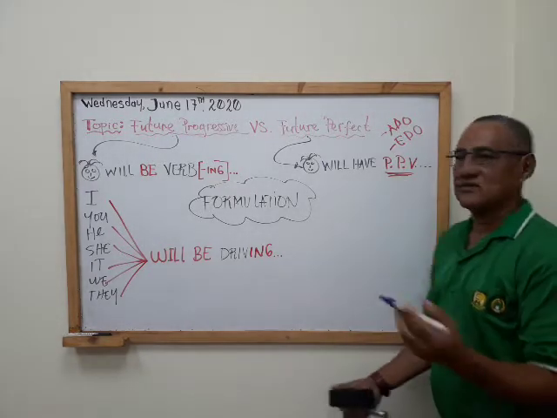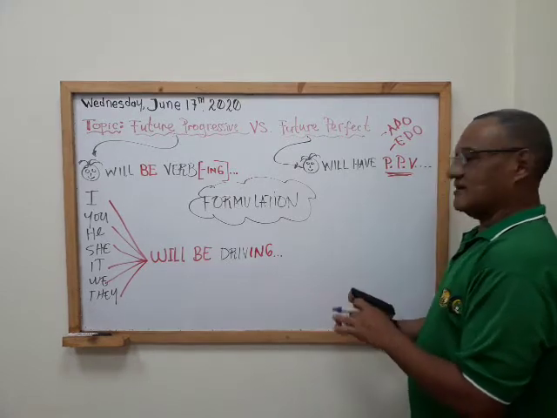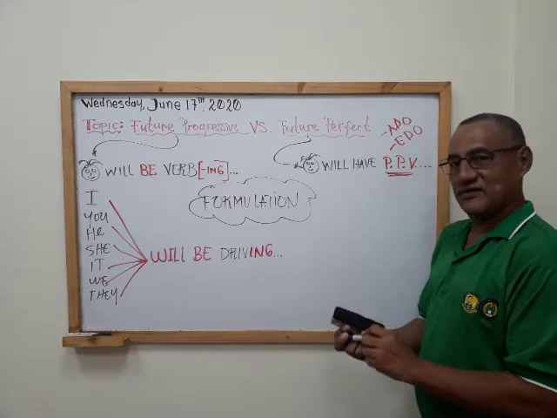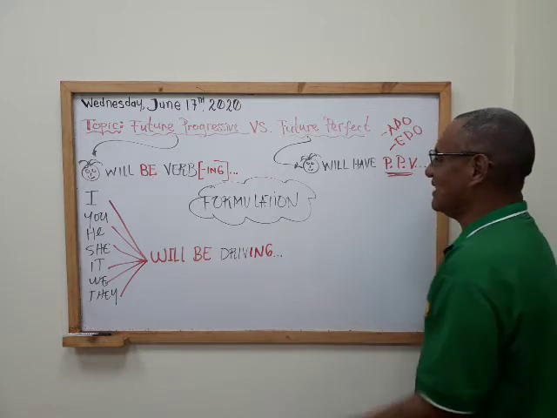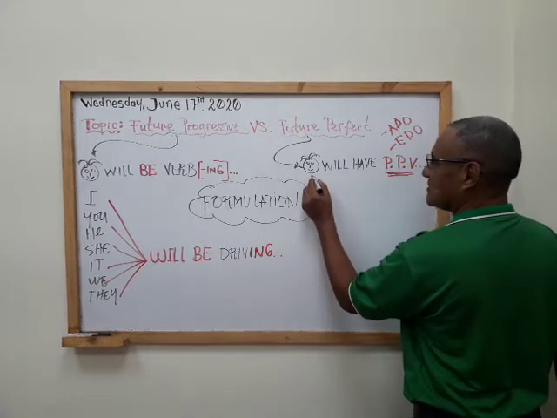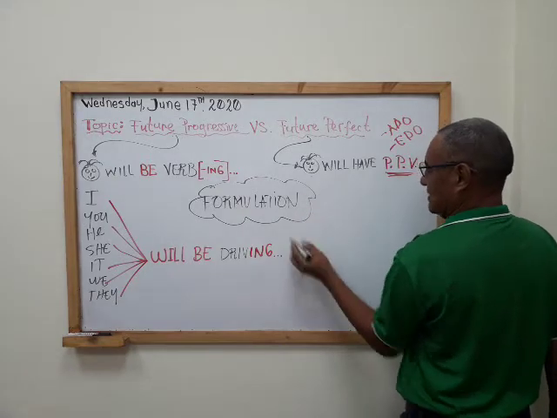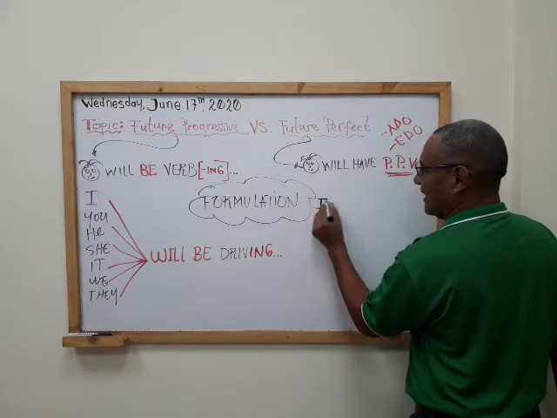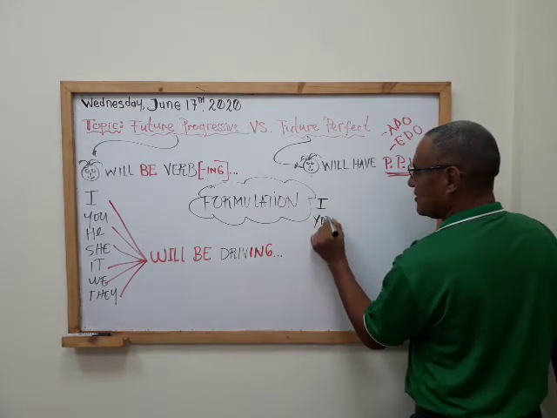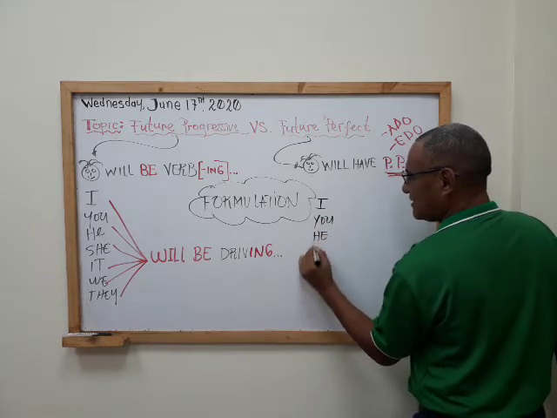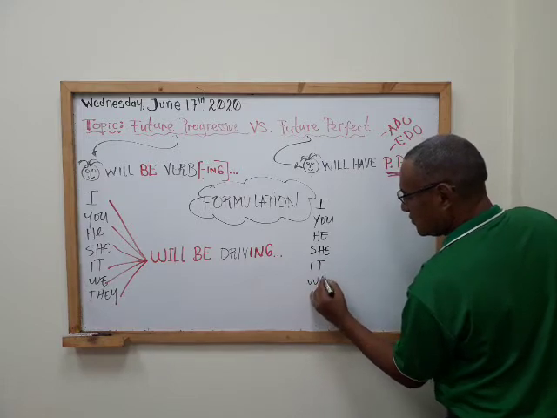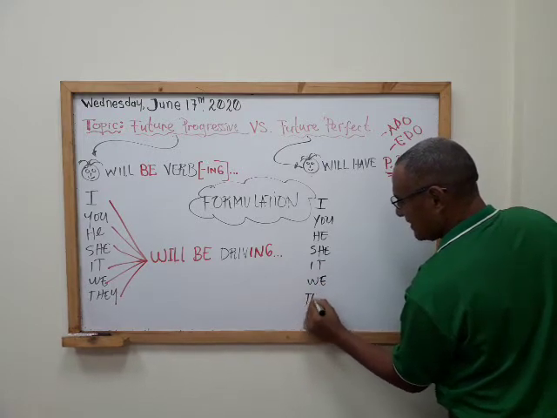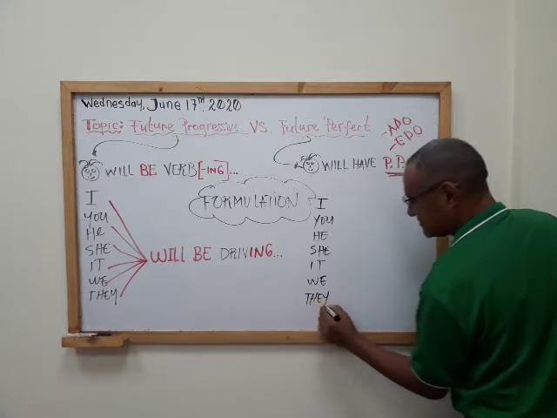Now let's make an example to review the formulation. The subjects are the same: I, you, he, she, it, we, and they.